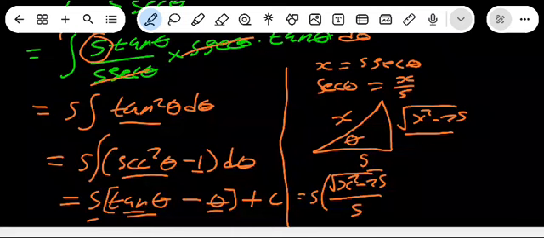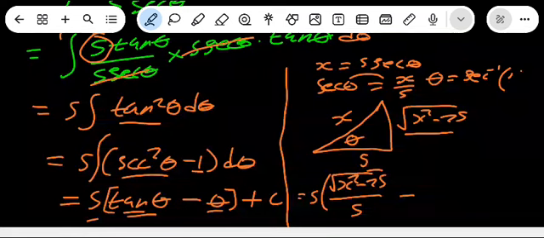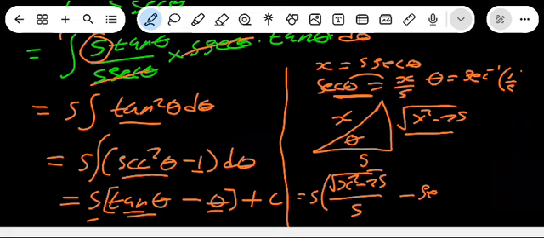We have minus now theta. So here we can find theta. Theta will simply equal the inverse, since sec theta is x over 5, theta will be sec inverse of x over 5, plus some constant c. So all this must be multiplied by 5. 5 and 5 will cancel.